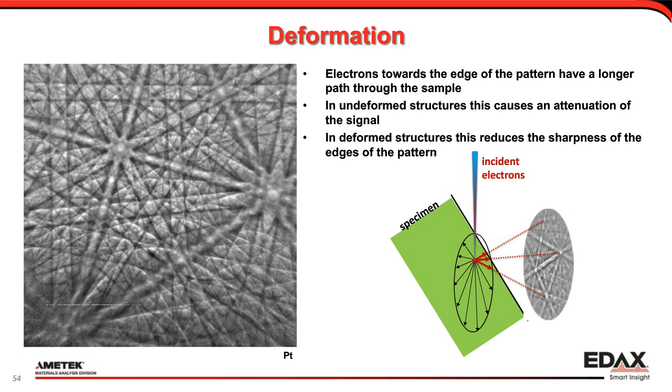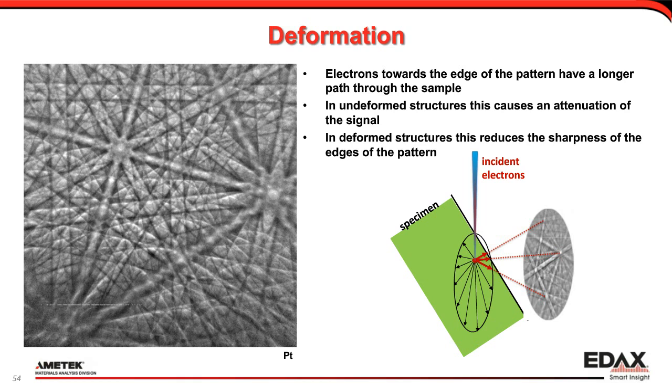And if you look at the schematic to the right of it, you can see why that happens. In the middle and towards the top, the pathway of the electrons in the sample from the virtual point source where the patterns originate is relatively short. But towards the bottom of the detector, you have electrons that have to travel much further through the material to reach the detector.